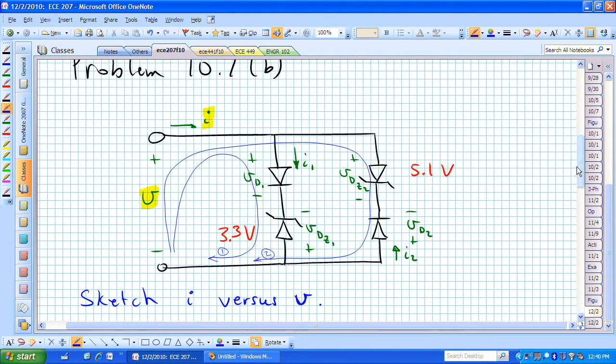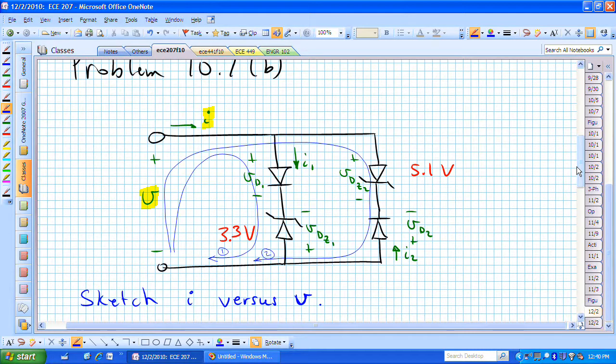If the voltage is positive, that seems to indicate that we're trying to forward bias that first diode, V sub D sub 1, and if we can get that voltage drop to be bigger than or equal to 0.6, then that will be forward biased.